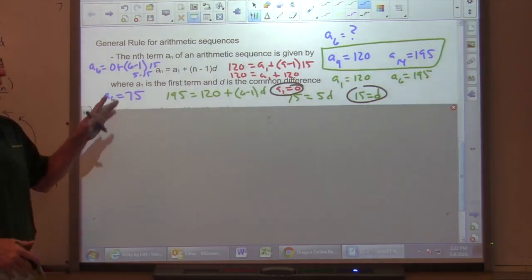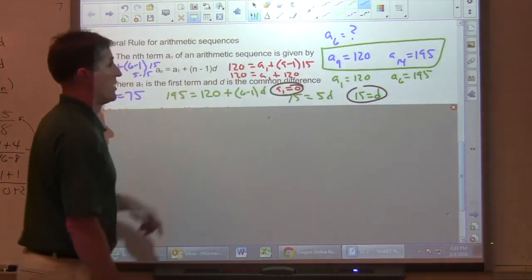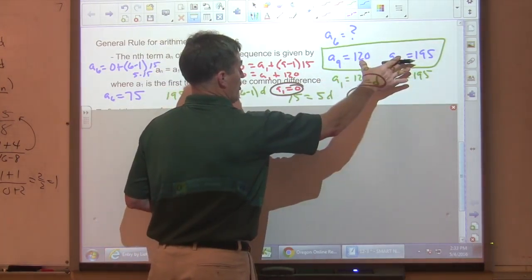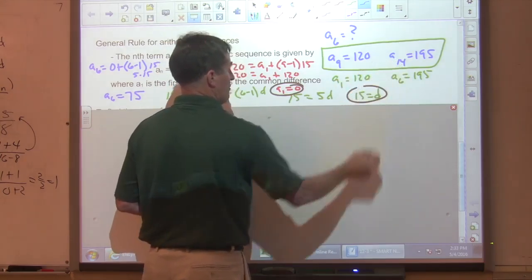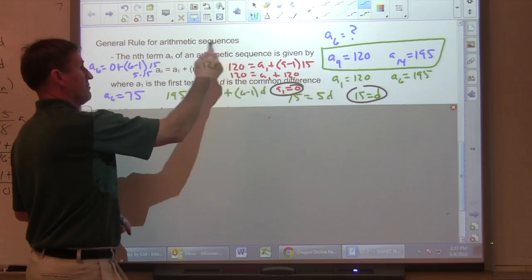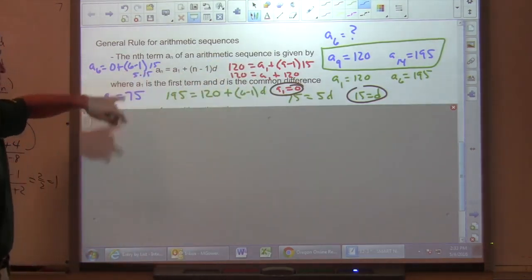So you can see we had to manipulate this into a format we could use in our formulas. If you have something like this where you don't start at A1, just start over, reclassify it. A9 we switched to A1, which made A14 become A6. And then we use that to find our D, then found our A sub 1, and then we found our A sub 6.